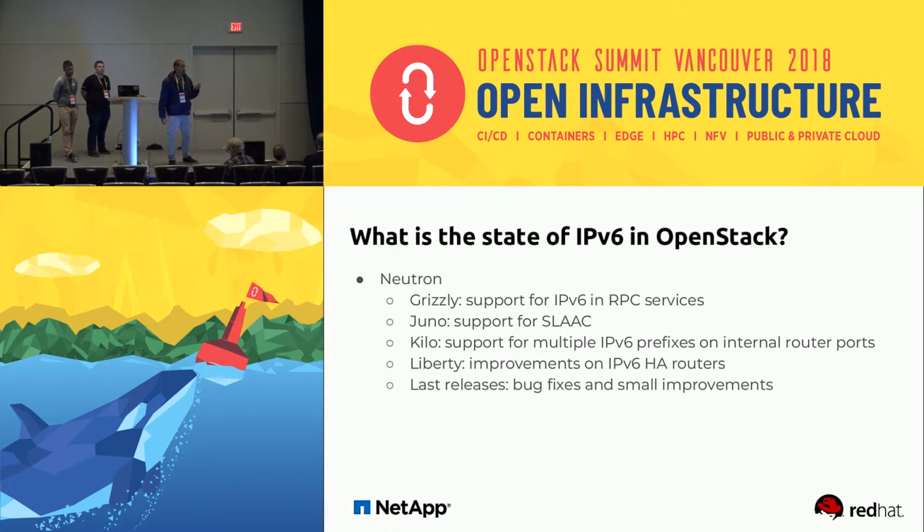Neutron, which had the main problems and the main work to be done in this area, had some milestones, starting with the Grizzly support for IPv6, then adding support for SLAAC in Juno, the Kilo support for IPv6 prefixes on Neutron routers, and so on. But most of the improvements were bug fixes and things related to specific scenarios and new features that were being added to OpenStack.